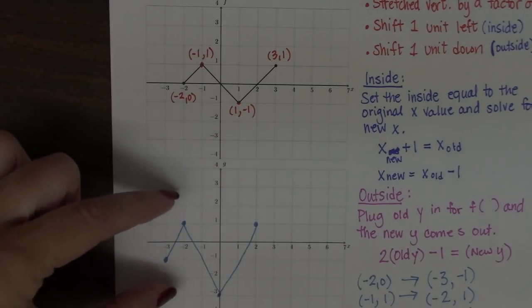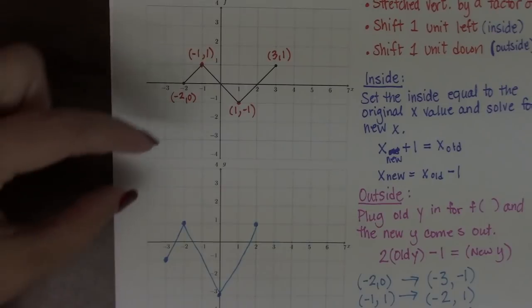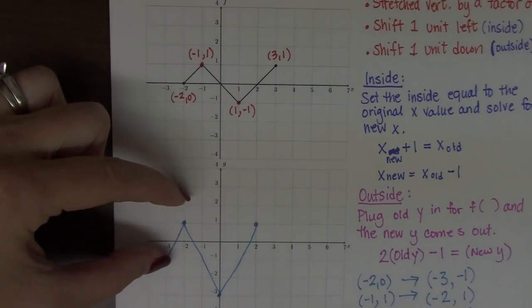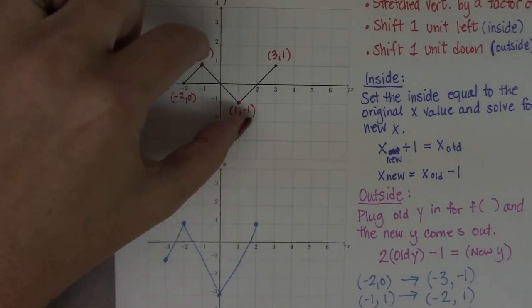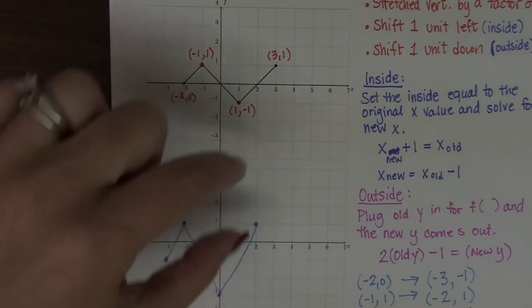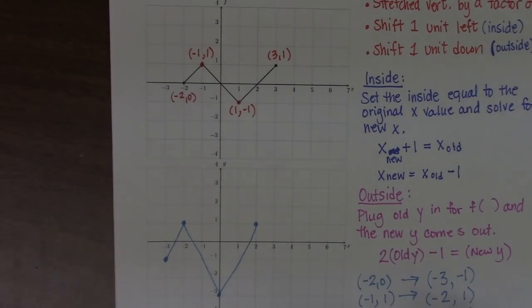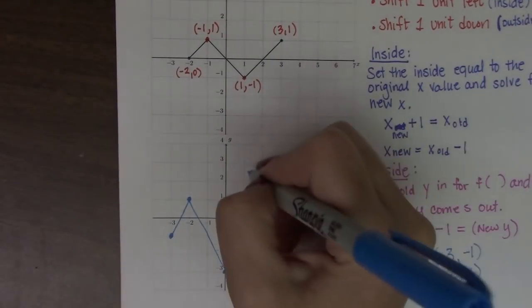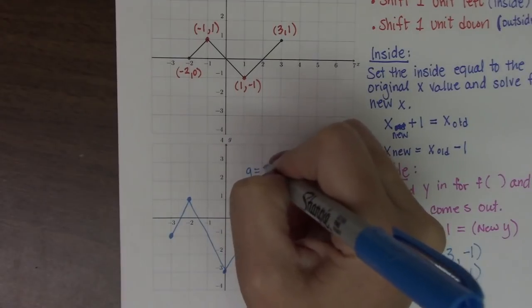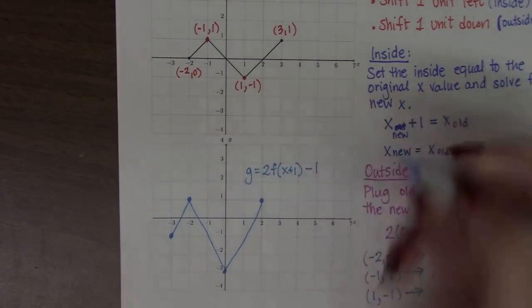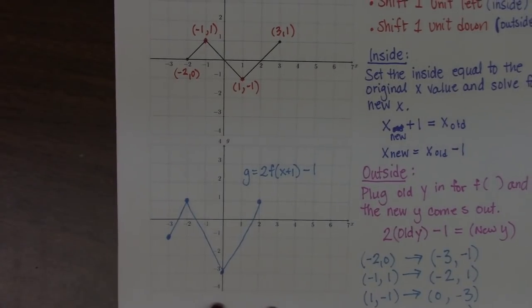The graph got stretched by a factor of 2. So this was only 1 unit height difference, now it's 2 in difference, right? These were 2 y units apart, now they're 4. And so this is now the graph of g, where g equals 2f of x plus 1, minus 1.